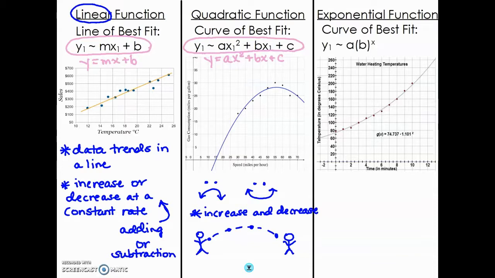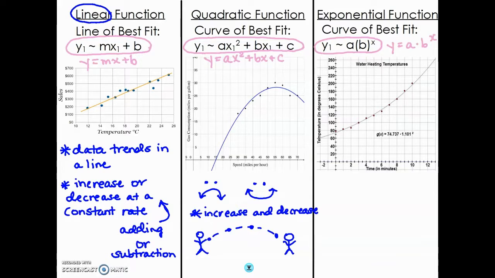That means we have y sub 1 approximately a times b to the power of x. That's going to be our standard form for exponentials, just like we've seen before. Again, we just put the approximation sign on Desmos to help us out here.